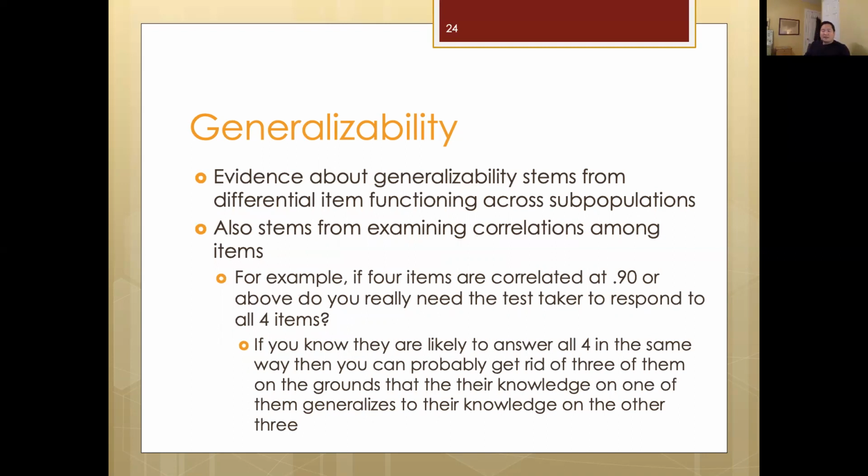One way that we can provide evidence for generalizability is looking at differential item functioning across subpopulations. So using item response theory, we can look to see, does this item function the same for men and for women, or for people from the United States and from Korea? We can examine correlations among items, so we drop items that are highly correlated to one another because it's redundant.